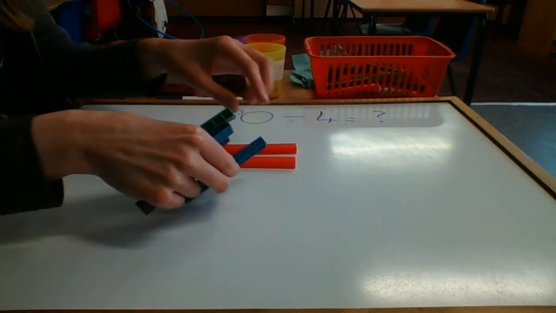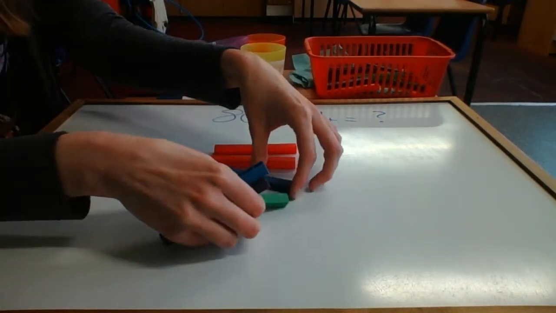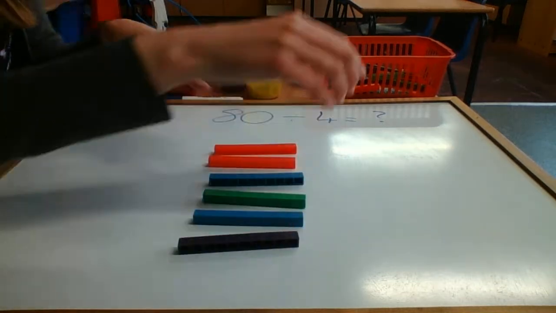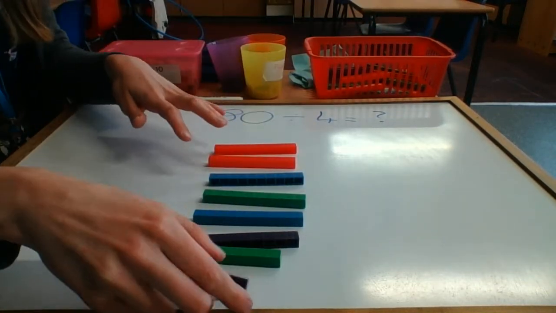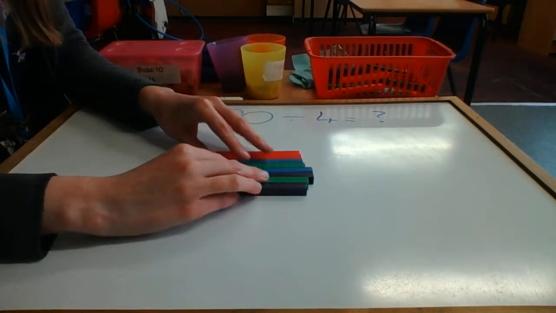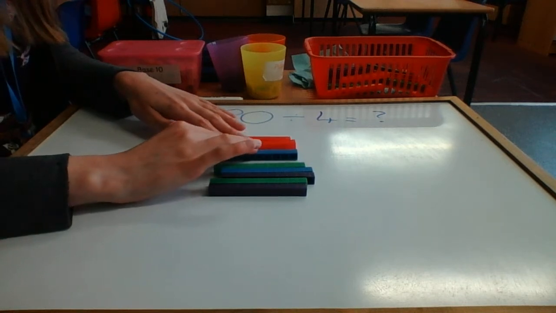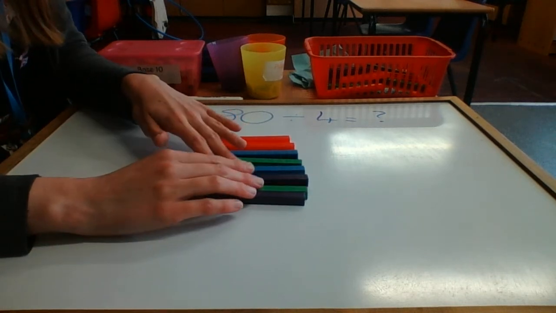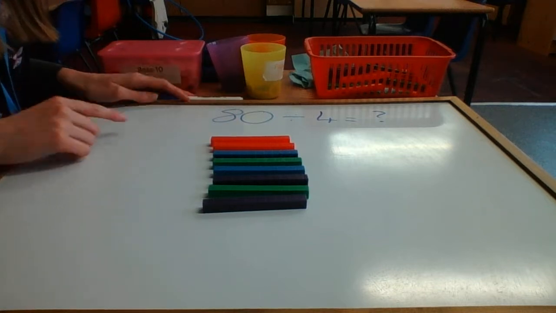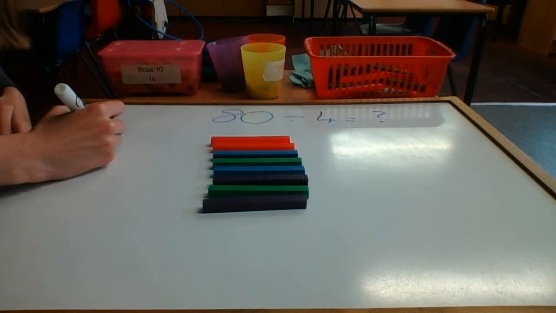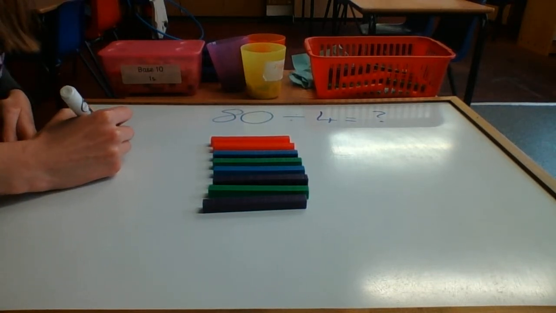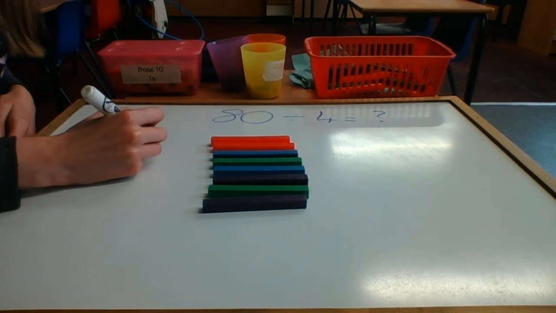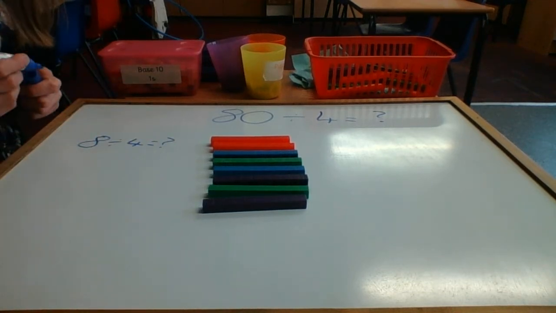1, 2, 3, 4, 5, 6, 7, 8. So 80 is 8 tens. And that means, if I look at it like that, I could use 8 divided by 4 to help me.